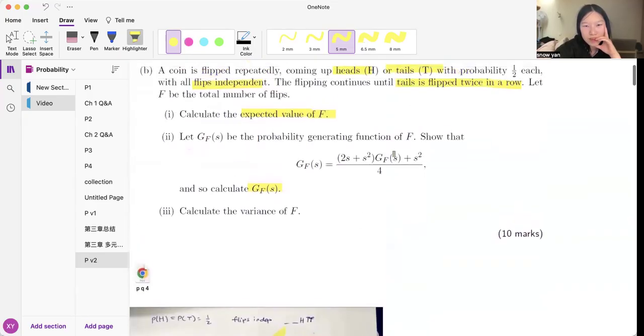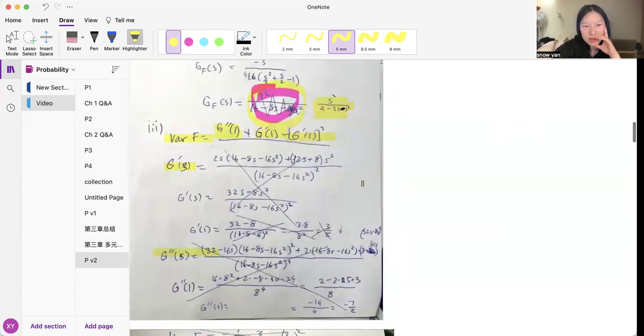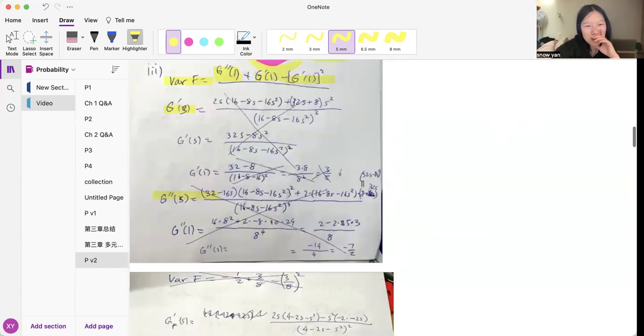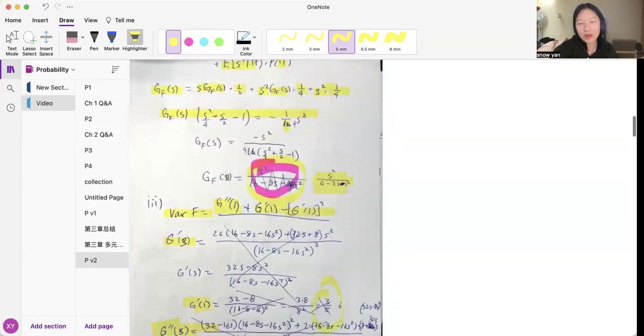Definitely, I should have used this expression in part three so that I wouldn't have gotten it wrong, but the idea is still the same. There's one other thing I should have caught earlier, before even doing G double prime: in G prime of 1, I got 3/8 as the answer. That should have been a red flag screaming at me that it's wrong, because G prime of 1 is equal to the expected value, which I calculated earlier as 6.